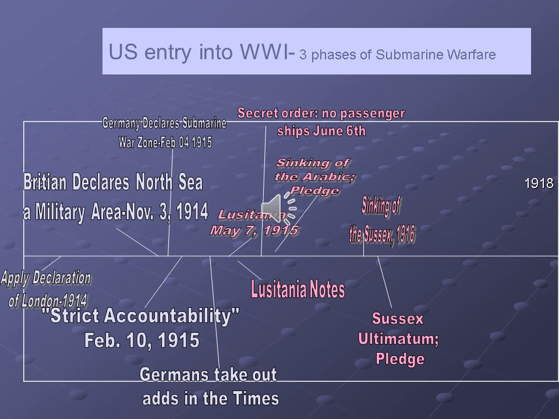They did this because they had intelligence that the Lusitania was not just carrying passengers, it was carrying munitions. Great Britain was using passenger ships as cover for moving military goods from the U.S. to Great Britain.